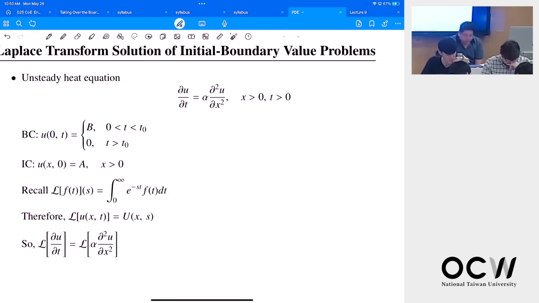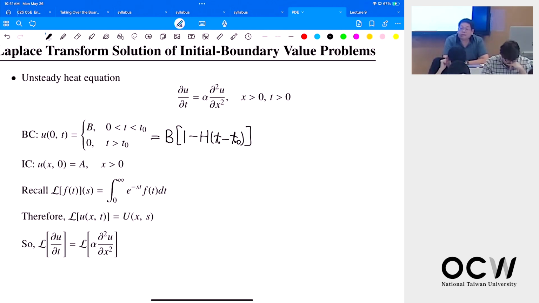So we can rewrite this expression using the unit step function, or Heaviside function. So that's B times 1 minus the Heaviside function of t minus t naught.